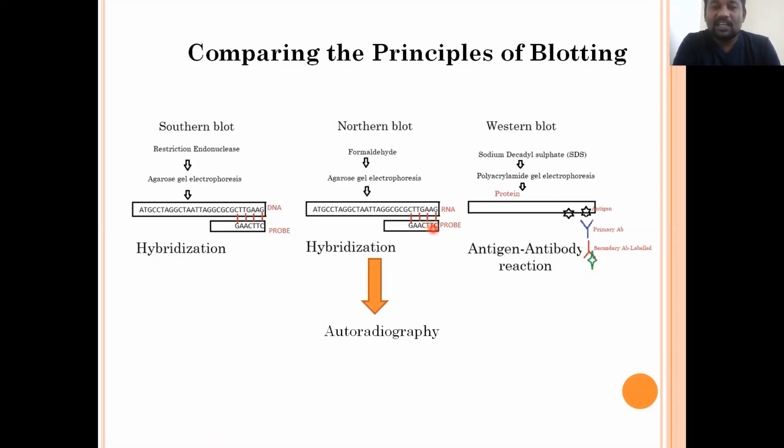So this DNA probe sequence will attach or pair with particular nucleic acid bases.